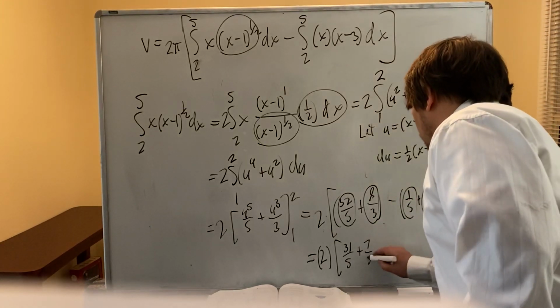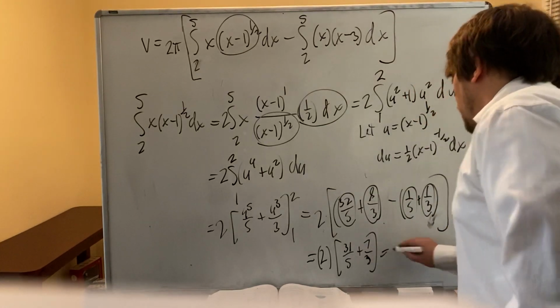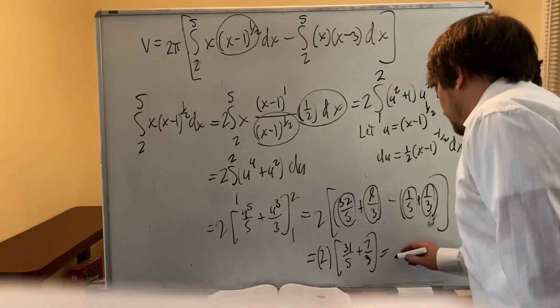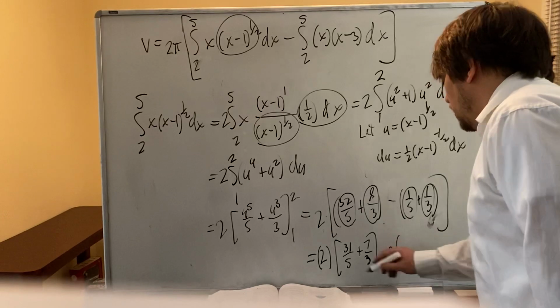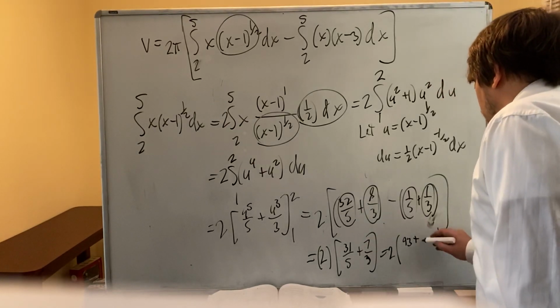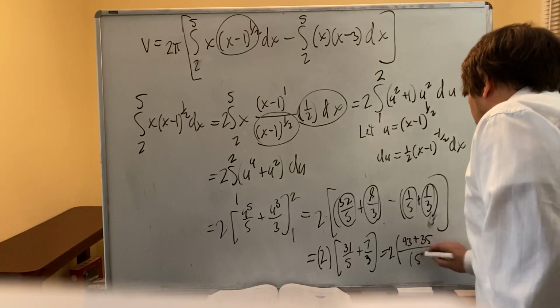This is plus 7/3. And so when you combine that, you make 15 the common denominator, and you get 2 times 93 plus 35 over 15.